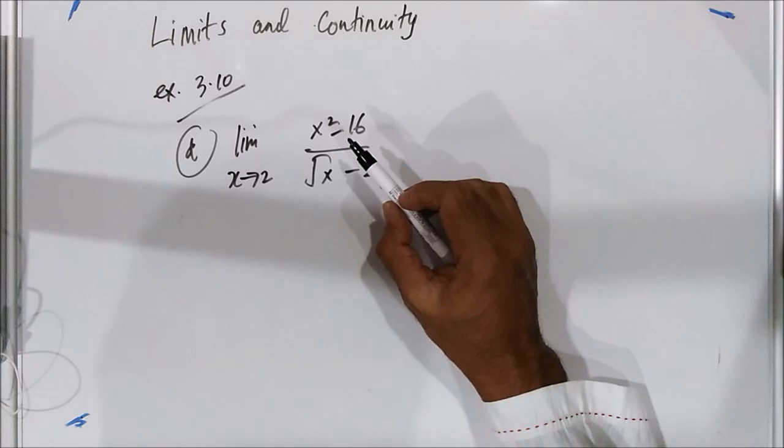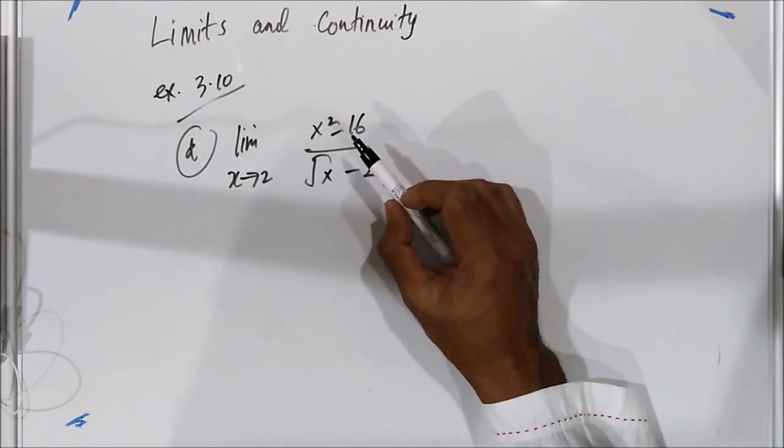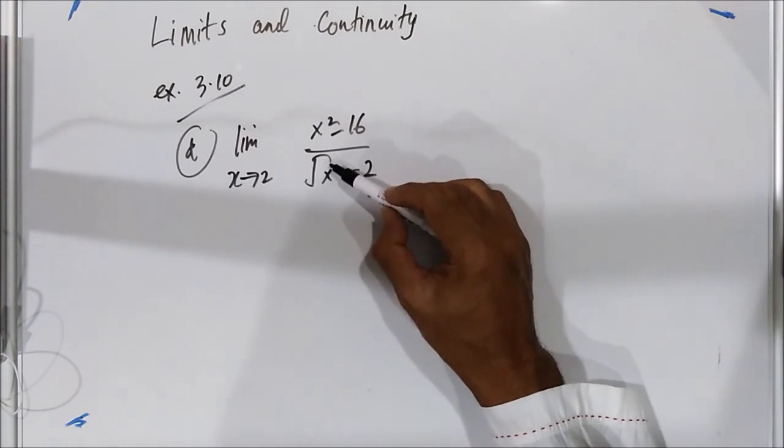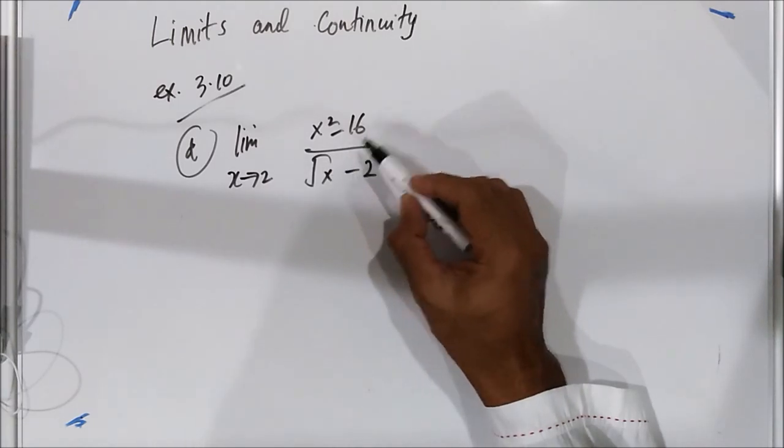we can solve it by getting rid of this radical. You can multiply.